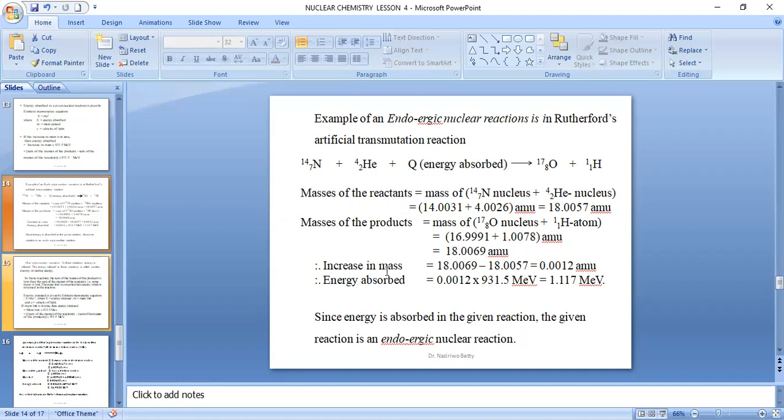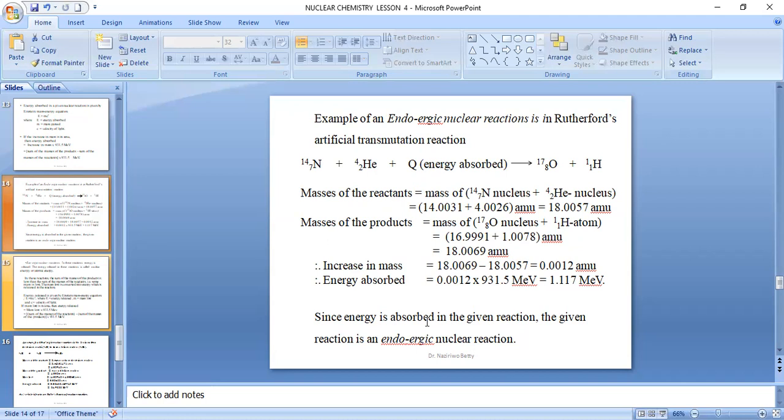So the increase in mass is equal to the difference between the mass of the product and the mass of the reactants, which is equal to 0.0012 mu. Therefore, energy absorbed is equal to the mass increase times 931.5 MeV, which is equal to 1.117 MeV.